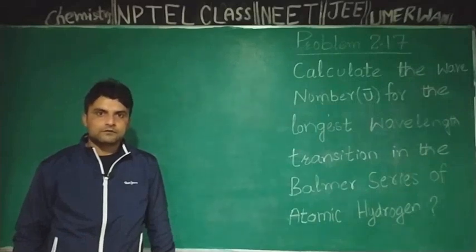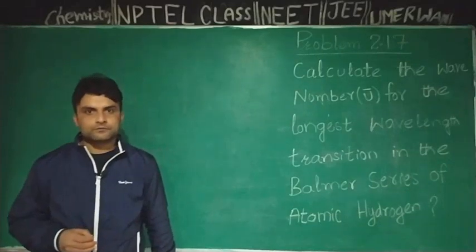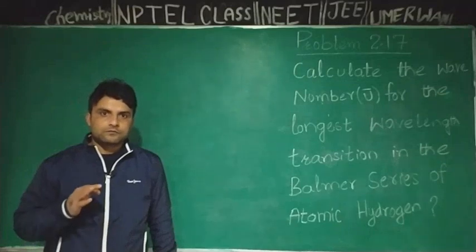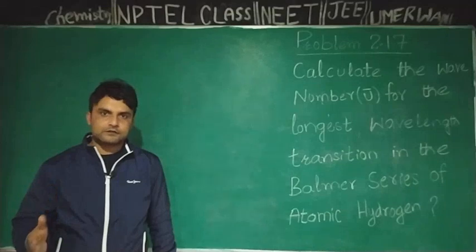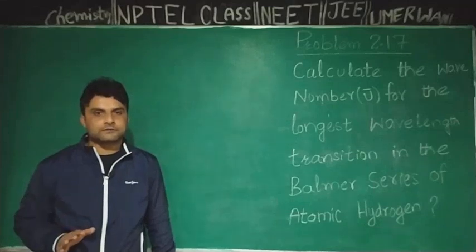For example, if I take 3 hydrogen atoms in the sample, one hydrogen atom will be present in excited state, the second hydrogen atom will also be present in excited state, and the third hydrogen atom will also be present in excited state.